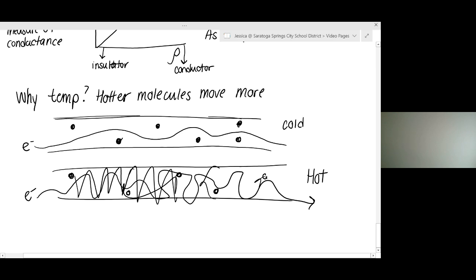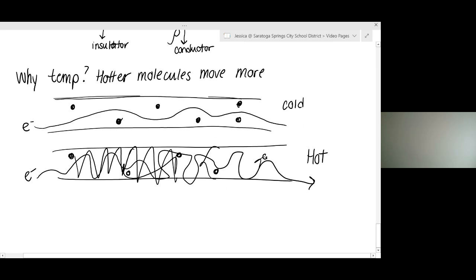You can think of this in the same hallway example. Let's say that each of these molecules represents a person and you are the electron. In a cold hallway, so to speak, let's say all of the people are standing still. Much easier for you to get through. You just pick a line and you go.